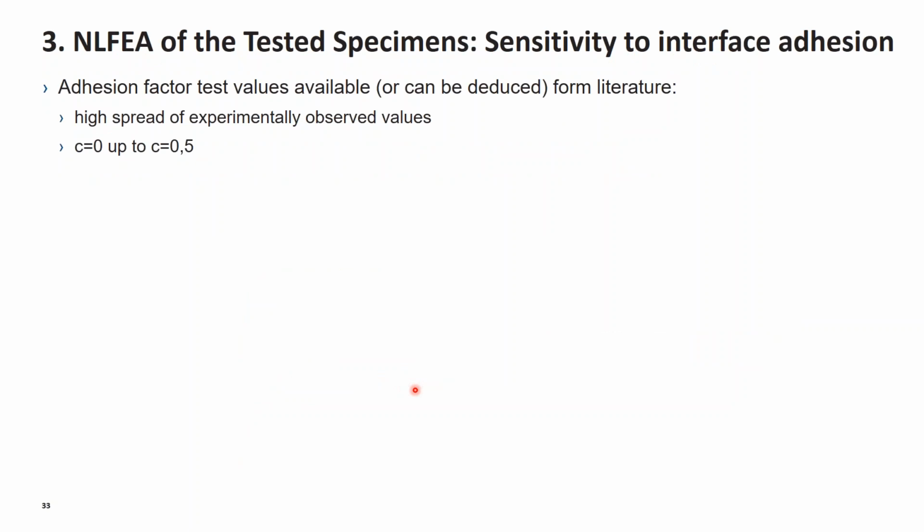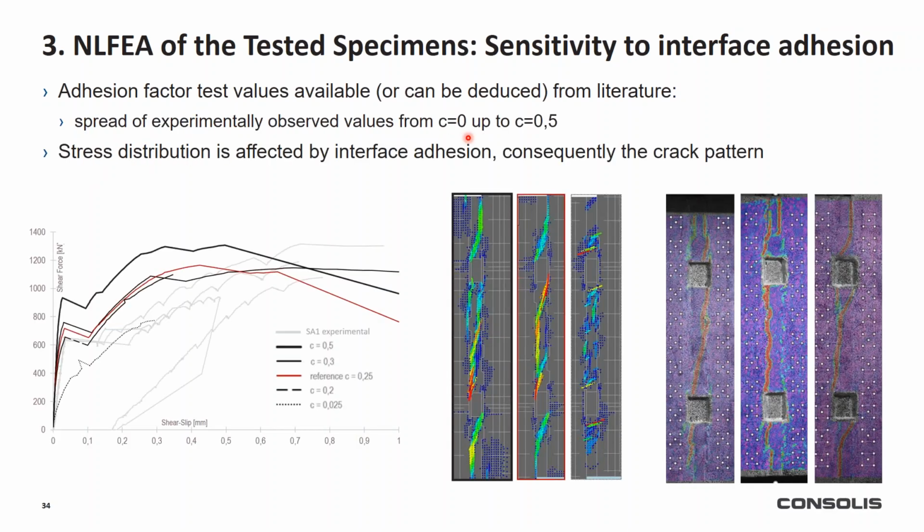So I did some investigations. In the literature, I found experimental results for this mortar to concrete adhesion, and it can be observed that in the literature the test provides a very high spread of values. So I found experimental results that give for this factor values from 0 to 0.5. So this can be considered as a stochastic variable.